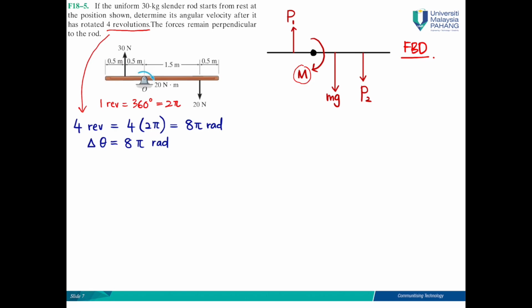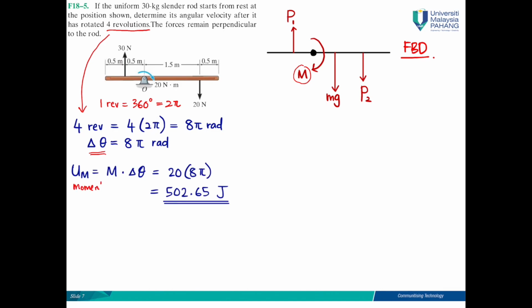So you convert it to radian. 4 revolutions equals 4 times 2 pi, which is equal to 8 pi. Therefore, the angular displacement delta theta is 8 pi rad, and we can then calculate the work done by the moment.